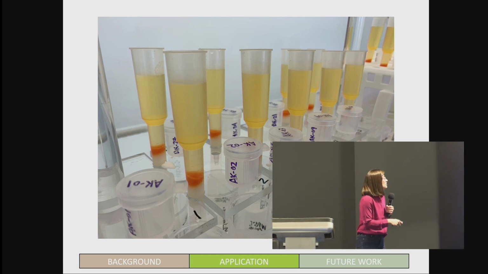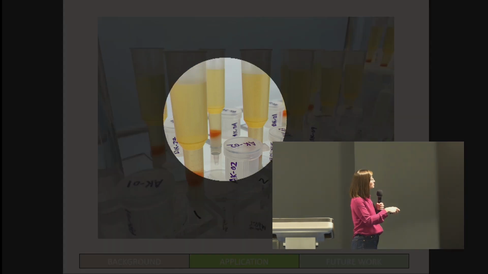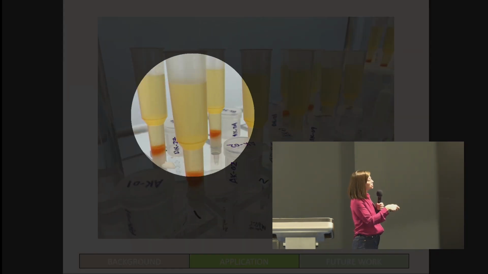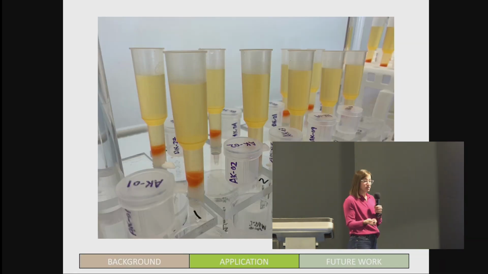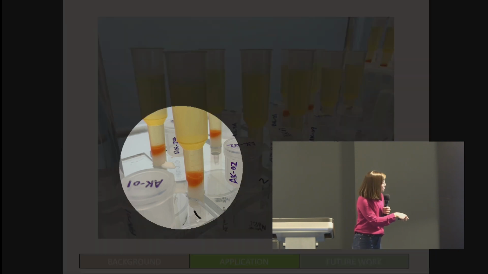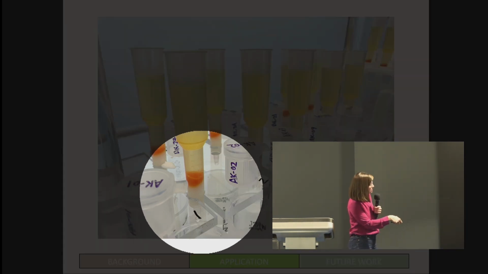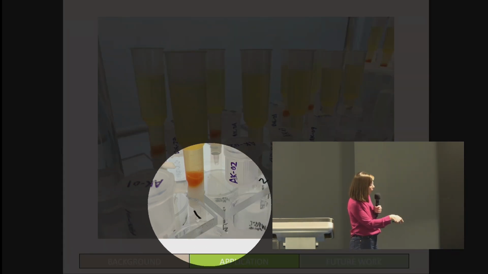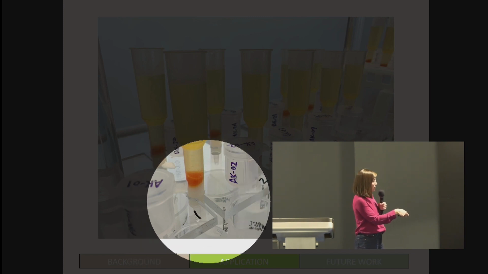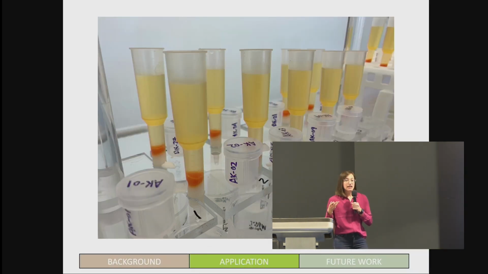So in this case, we have these columns. The solution that's yellow is the sample itself. And so as you dissolve material, all of the dissolved ions lead to this sort of yellow coloration. You can maybe see right at the base of these columns, there's a white layer followed by a very orange layer on the top. That is a resin.